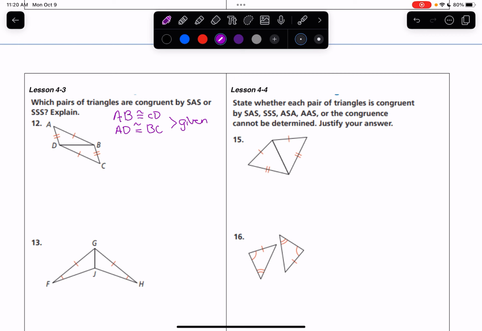And I know that DB is congruent to DB by the reflexive property, because everything is congruent to itself, which then means my triangles are congruent by side, side, side. So triangle ABD is congruent to triangle, what would that one be called? CDB.